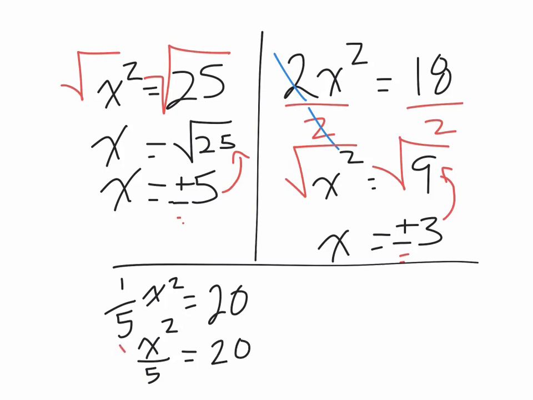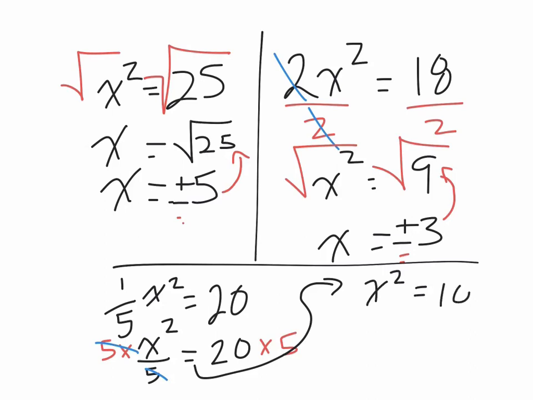I would then multiply by 5 and multiply by 5. I can then cancel out these two 5's. I'm then able to know that x squared equals 20 times 5, which is 100.